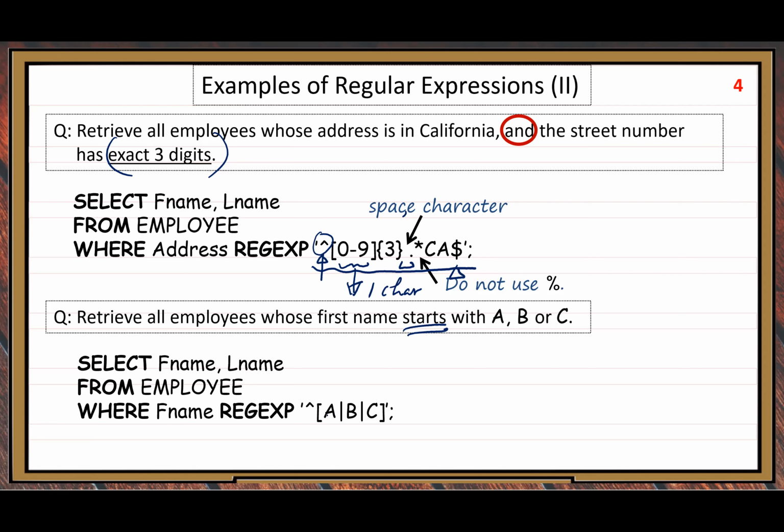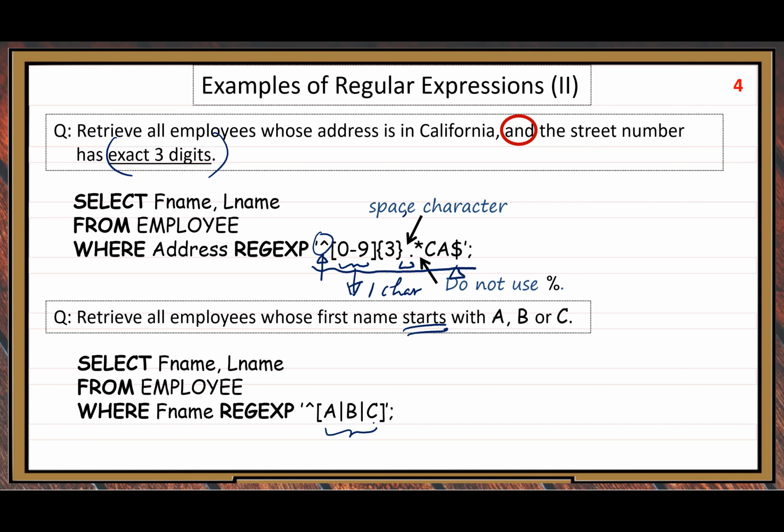So you can see the hat. Then after that beginning location, you have 3 choices for the first character: A, vertical bar, B, vertical bar, C. So P1, P2, P3, remember?